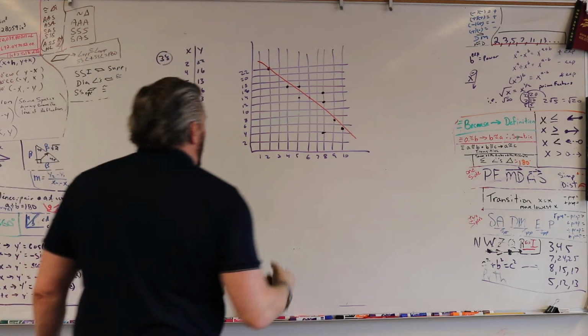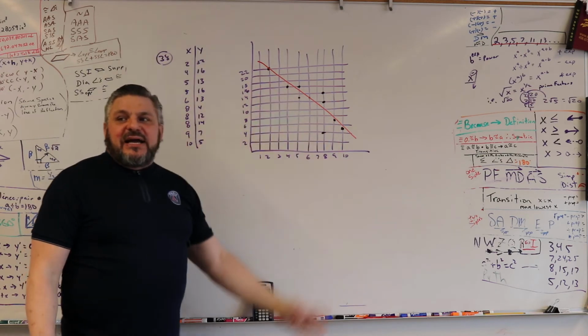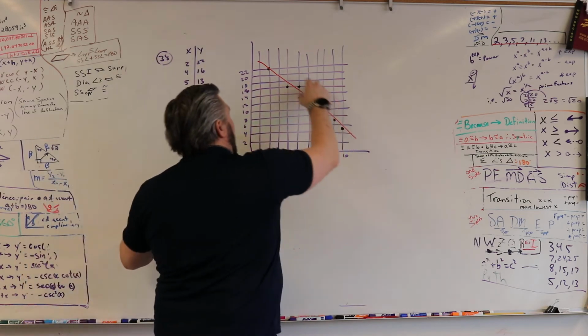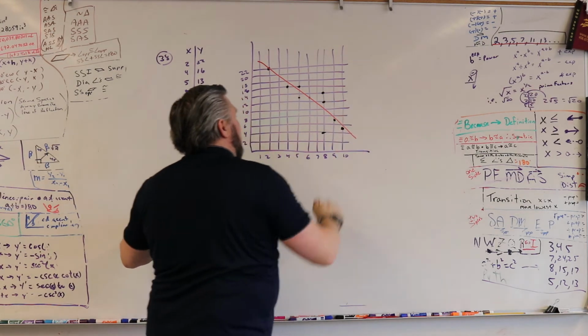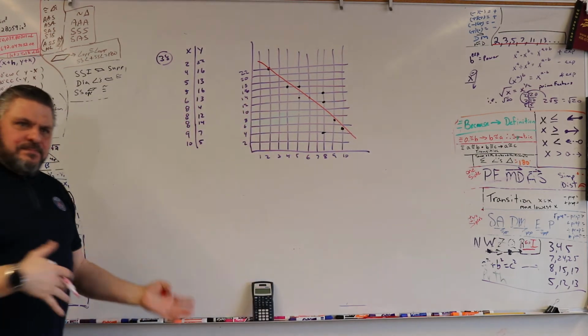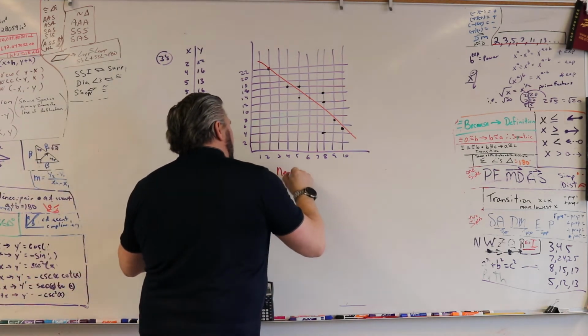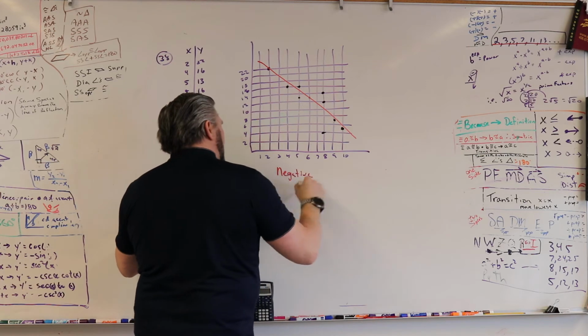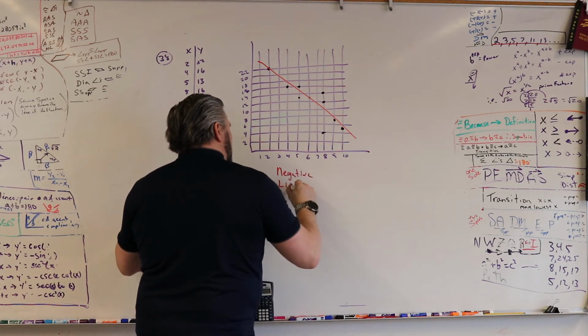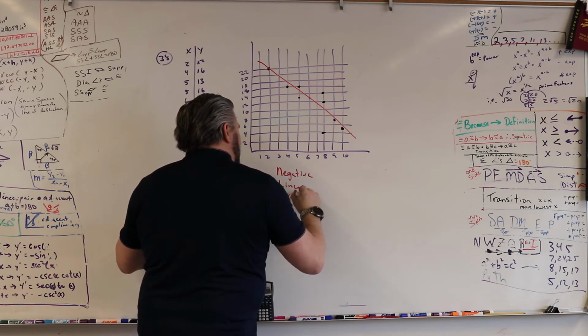So we can draw a line through most of the data. It looks like the data pretty much gathers around that line. So is this a positive slope or negative slope? Negative. Okay? So this is a negative linear correlation.